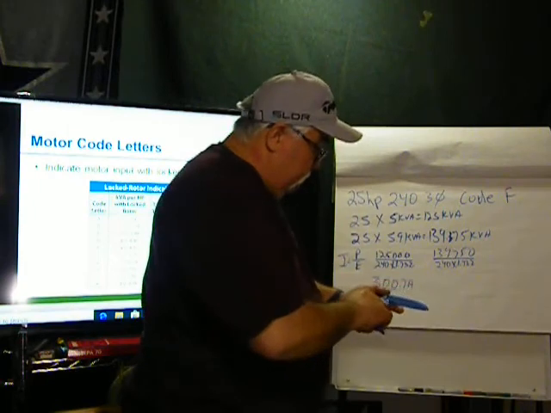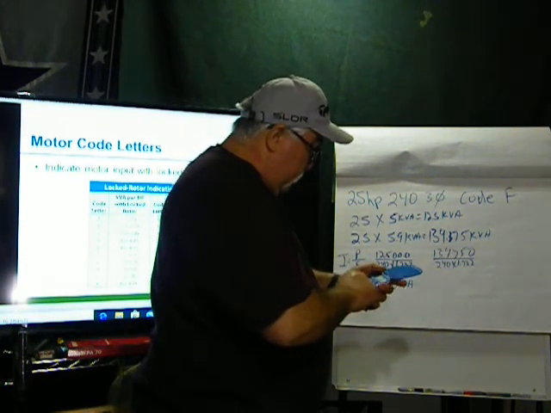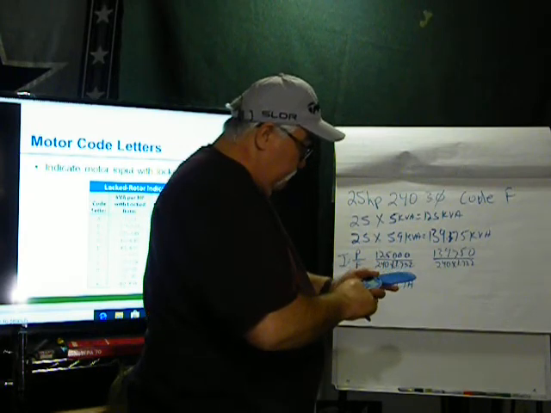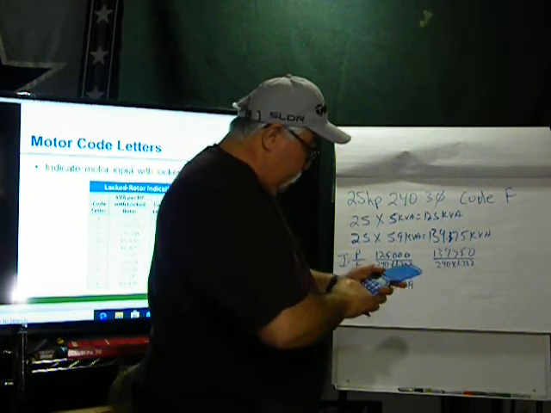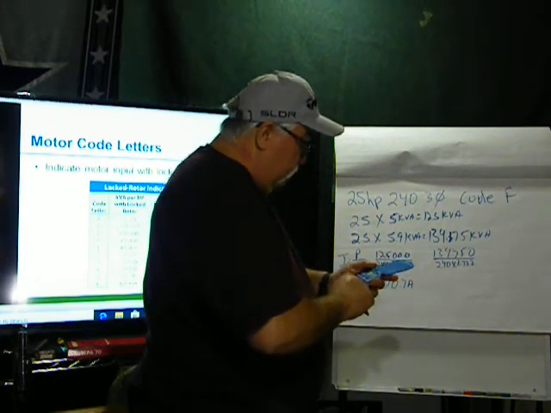And we'll do the next one. 139,750 divide 240 divide 1.732.